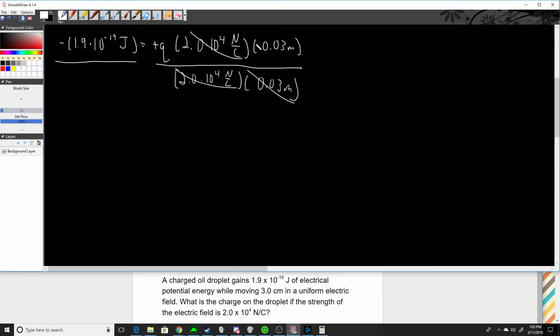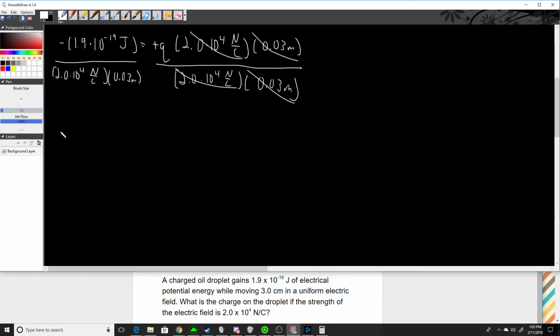Cancels. Okay, so we're good there. And over here I've got 2.0 times 10 to the fourth newtons per coulomb, 0.03 meters. All right, so now I know newtons is kilograms meters per second squared. My units are all going to end up so that I'm going to end up with C up on top here.